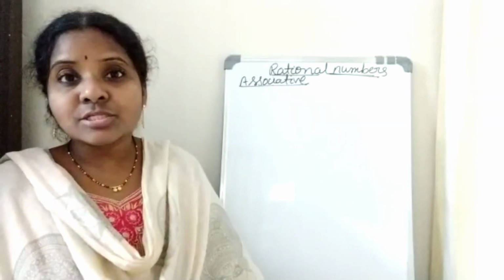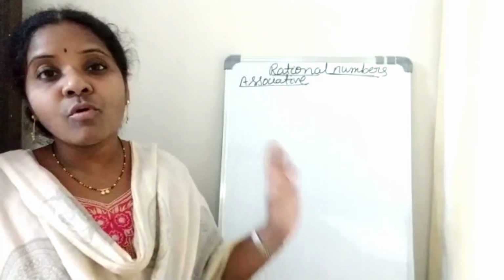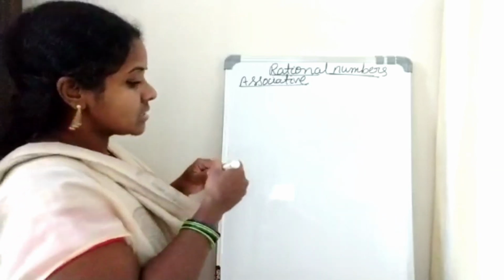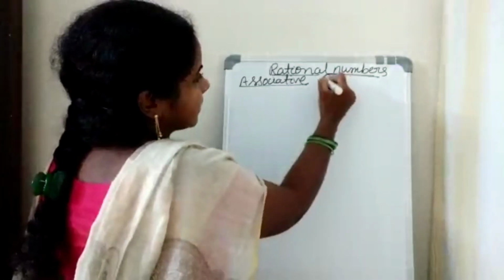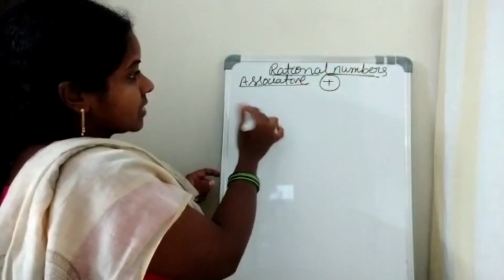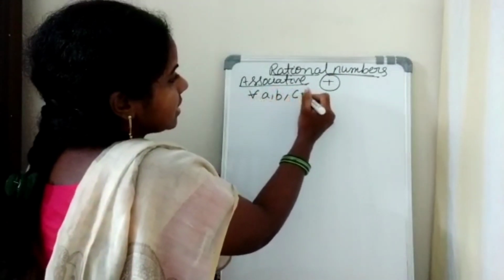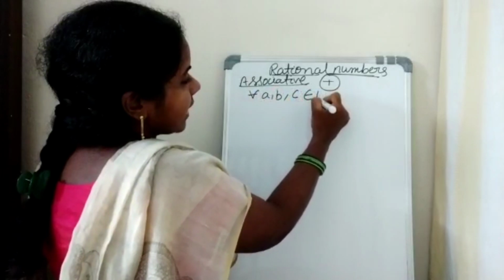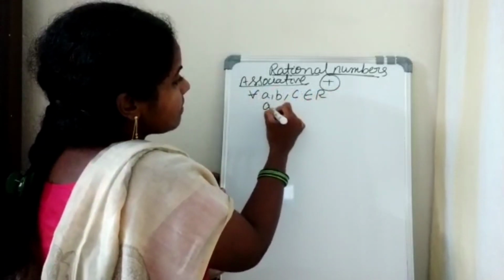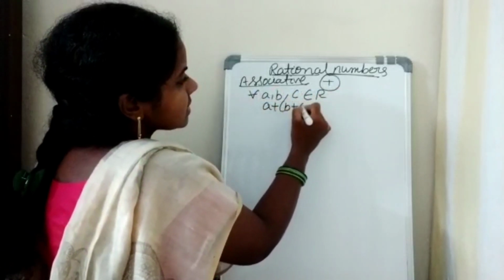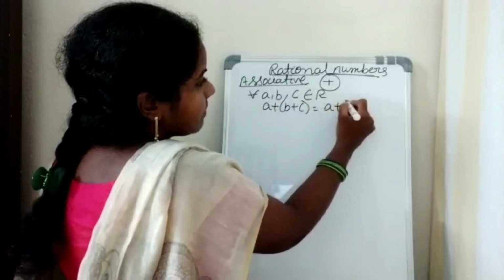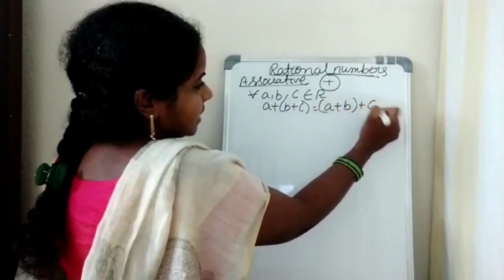She is called an associate teacher. So here, more than two numbers. First we will see it under addition. For all a, b, c belonging to rational numbers, (a + b) + c = a + (b + c).